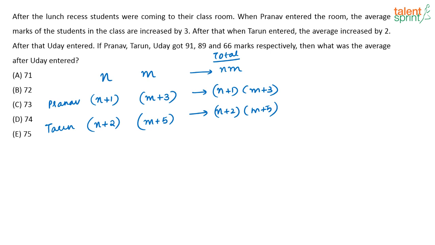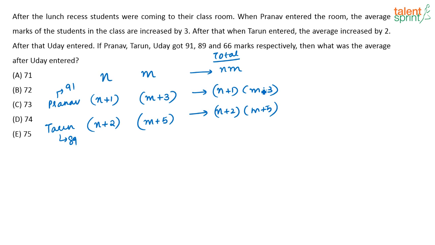Then after that Uday is entering. Now when Uday enters, by how much is the average increasing? Nothing like that is given to us. And next they are saying that Pranav, Tarun and Uday got 91, 89 and 66 marks respectively. So Pranav has got 91 marks, Tarun has got 89 marks. First let us consider this. See, earlier the total marks was nm. Now how much is the total marks?